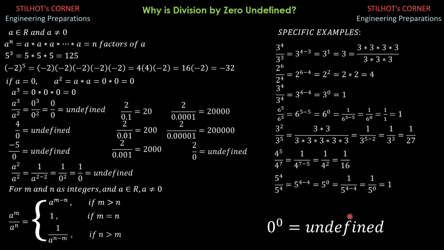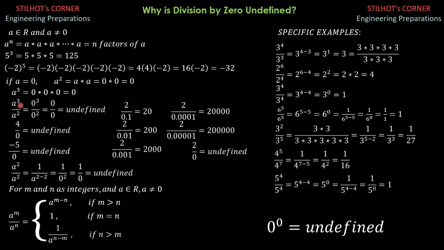So that helps explain why 0 to the 0, or division by 0, is undefined. If you have a squared over a squared, that would be 0 squared over 0 squared if a is 0. If you use this definition here, that would be 0 to the 2 minus 2. This is the demonstration to help explain why division by 0 is undefined.